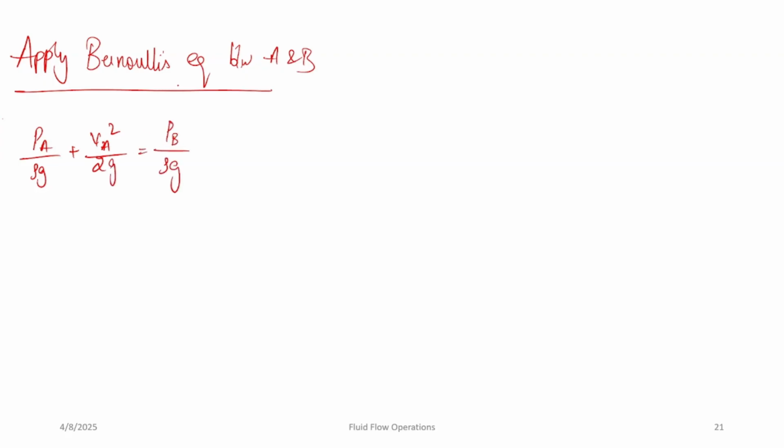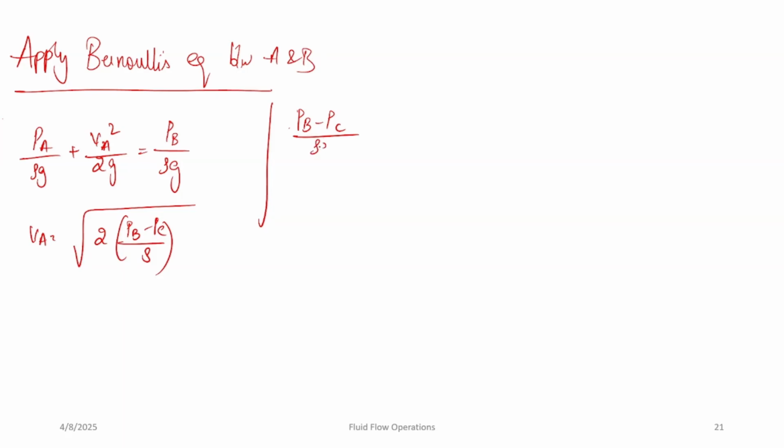So this gives us V is equal to square root of 2 into (PB minus PC) by rho. Let's say (PB minus PC) by rho g is H. That means VA will become square root of 2gH.